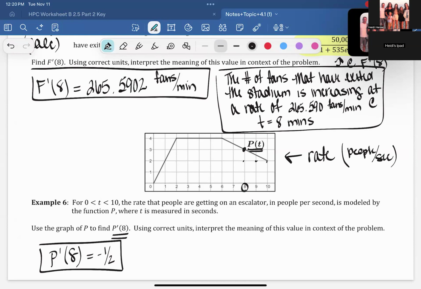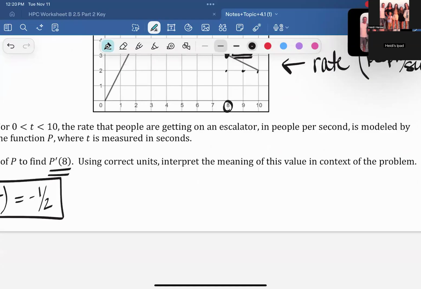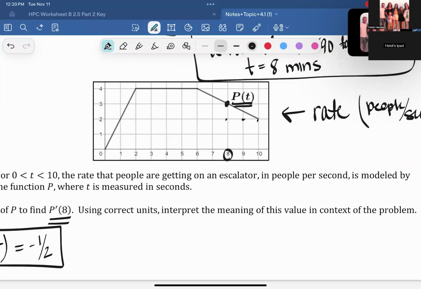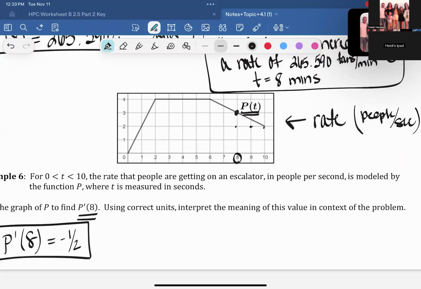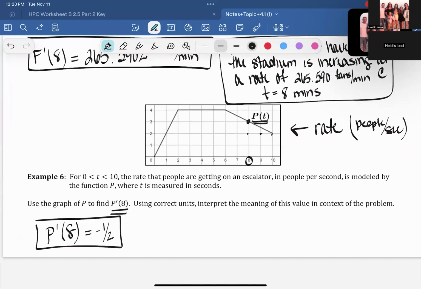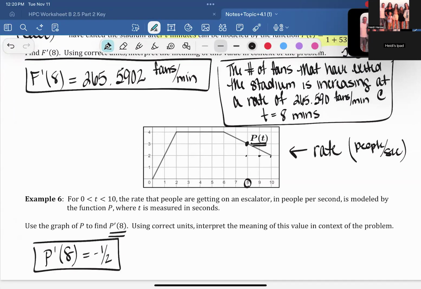And then I'm using that to interpret the problem and write my sentence. Okay, so what am I finding? I am finding p prime of 8. So if p is already the rate that people are getting on an escalator, then I'm finding the rate of change of that rate.